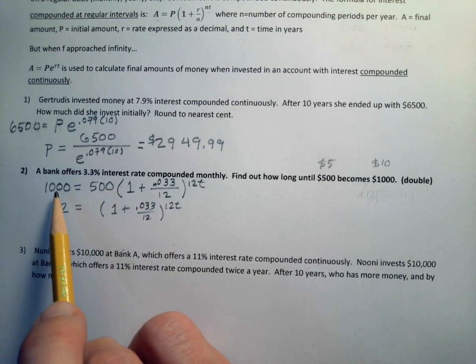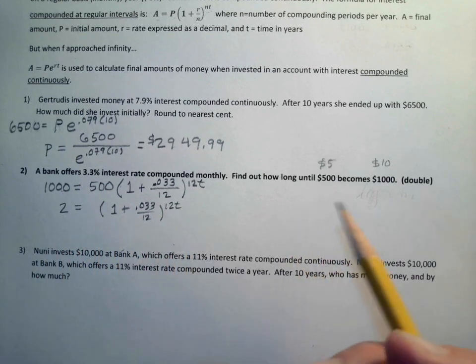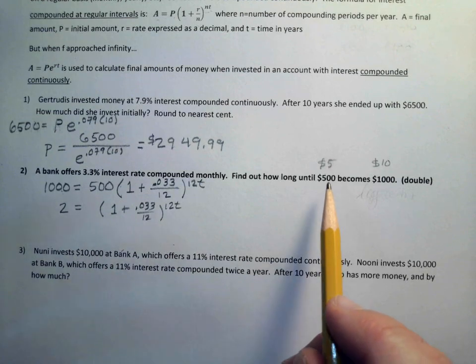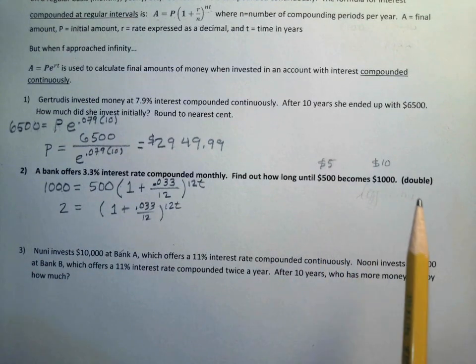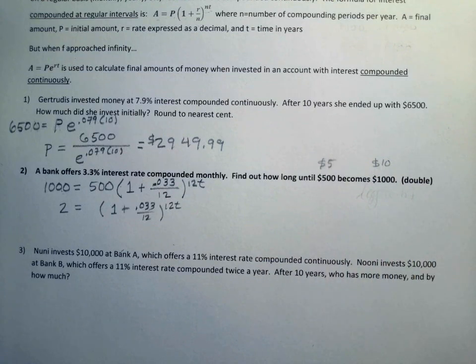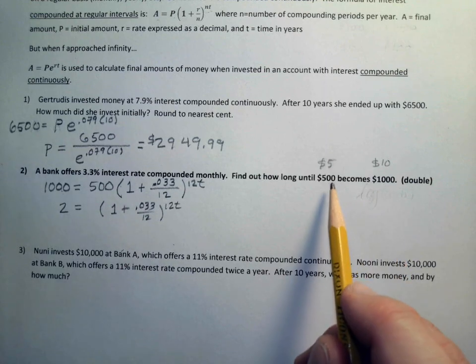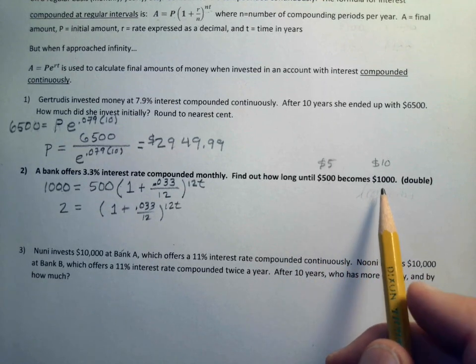So long as this is twice this, we would arrive at this formula. So really, it doesn't matter. It takes the same amount of time for $500 to become 1,000 as it does for $5 to become 10. You might think, I start with more money, I'll have more money. Well, you will, but ratio-wise, you'll have the same amount.